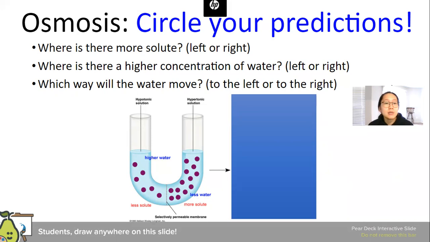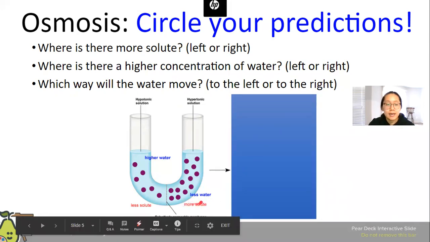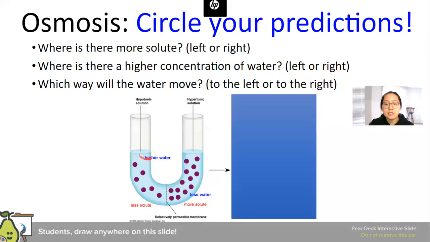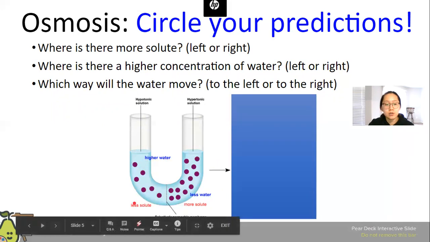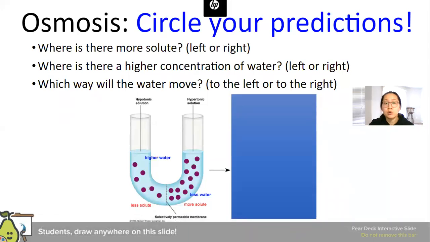The labeling on the picture already explains that there's more solute on the right side, as you can see right here. And the higher concentration of water is going to be the opposite of that. So if there's less solute, there's more water, because they take up around the same amount of space. Now remember, water is going to move to where it's saltier or where it's more sugary. So make a prediction with your drawing tool and draw an arrow. Is it going to move to the right or to the left?